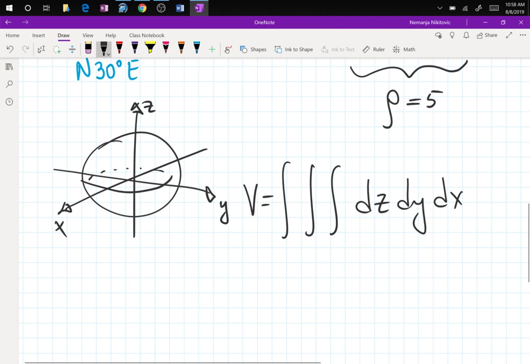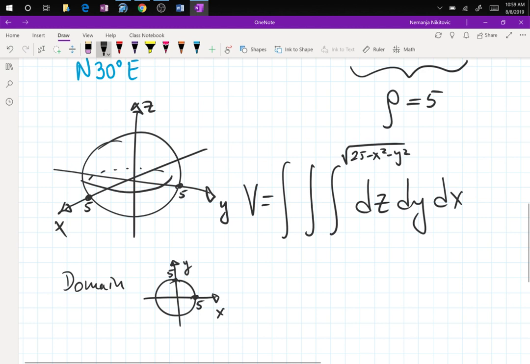Your domain is a circle in the xy plane, radius in this case 5, because we chose the sphere to be 5 wide. So top z is the square root of 25 minus x squared minus y squared. Bottom z is negative square root of 25 minus x squared minus y squared.